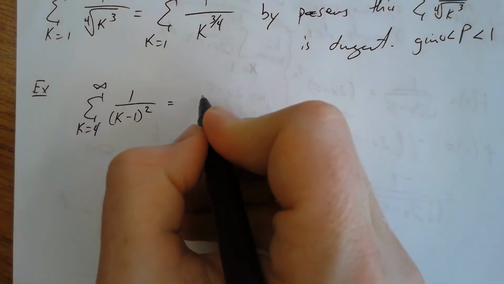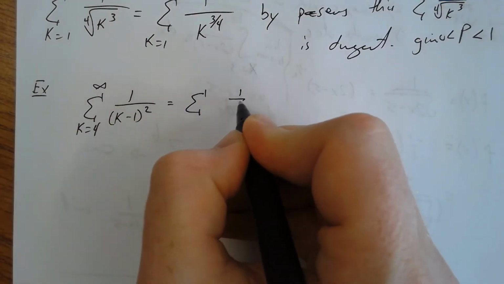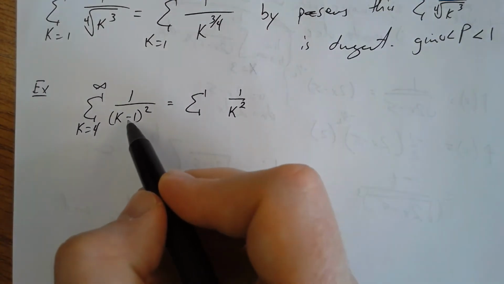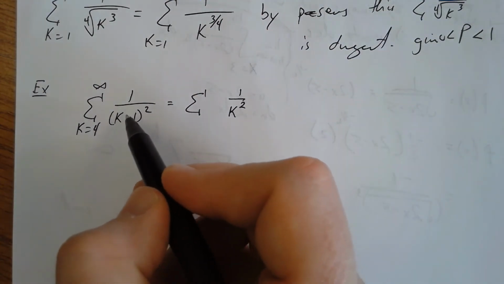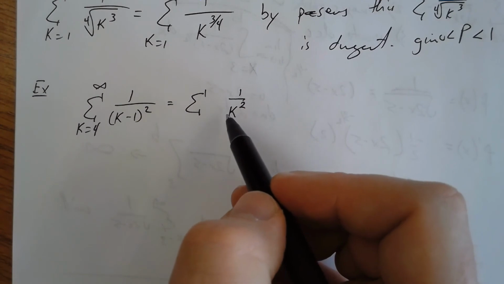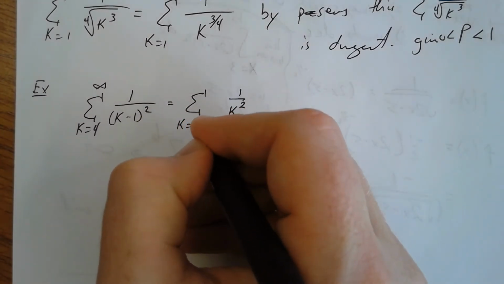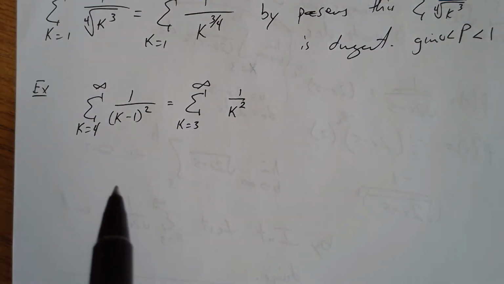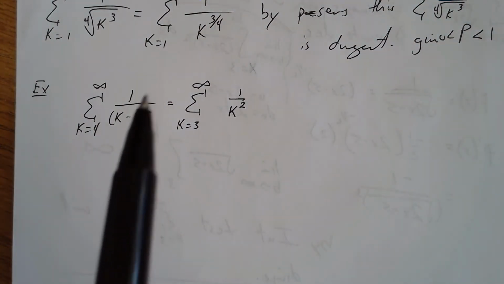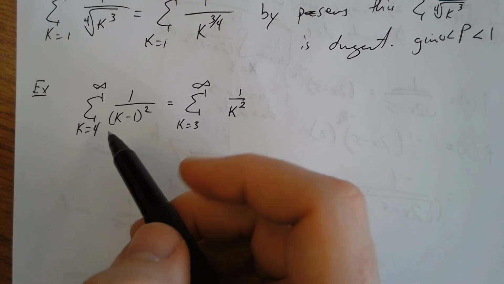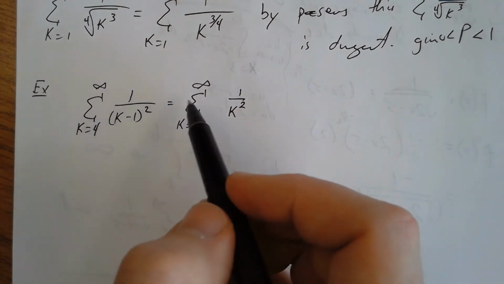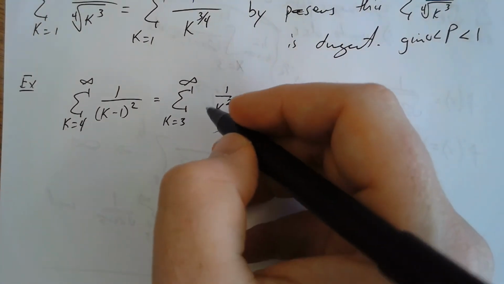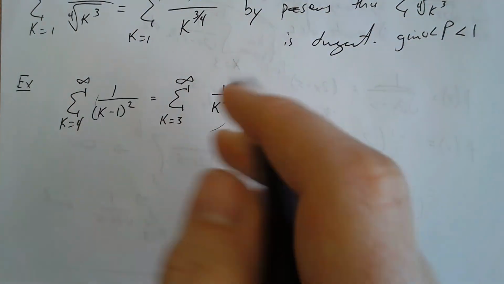I'm going to change this to be the summation of 1 over k squared. But if I do that, that means that when I plug in 4, I'm supposed to start with 3 in here. So if I remove the negative 1 from here, that means that I should be starting at k equals 3 instead of 4. Now this doesn't actually change the value of the series, and it doesn't change the starting term of the series. What it's doing is changing the way that the overall series will appear, that way I can look at the series in this form as opposed to in this form.